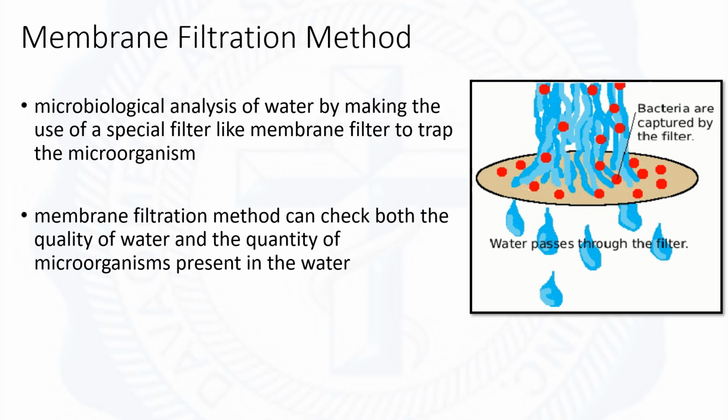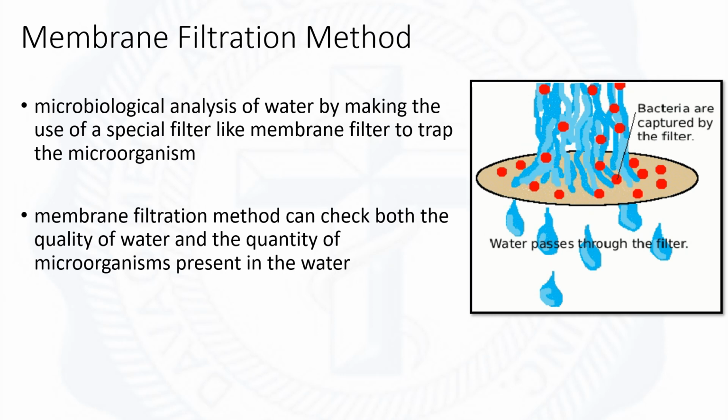Therefore, the membrane filtration method can check both the quantity of microorganisms present in the water and the quality of water. The main objective of this technique is to determine the presence or absence of a particular coliform group that is commonly present in wastewater and groundwater.